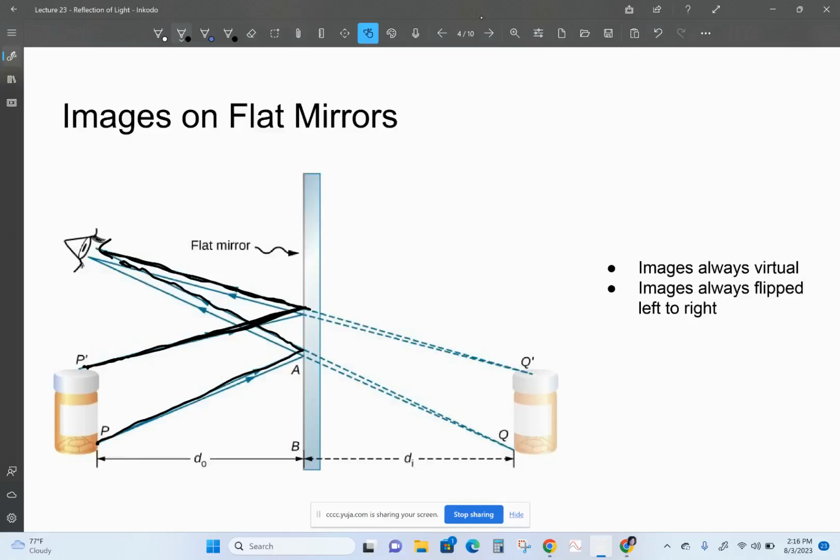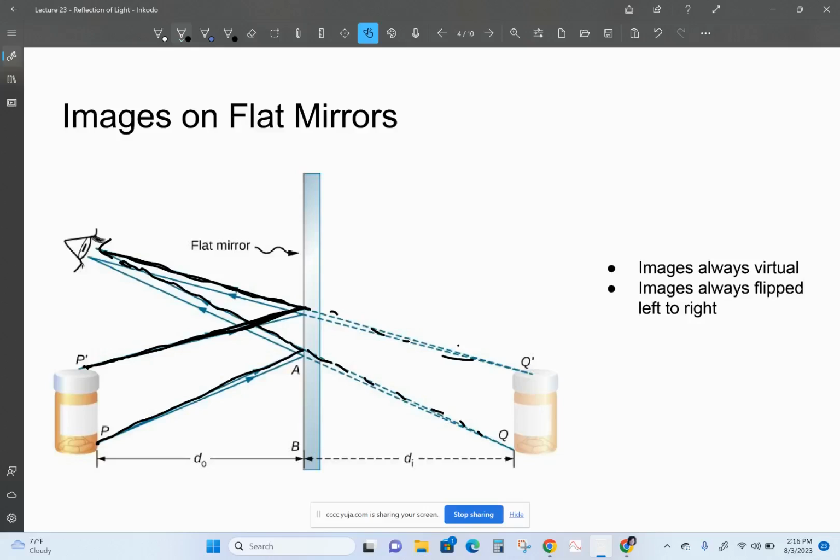But the rays actually forming the image are projections of those rays behind the mirror. So the images are always going to be virtual, and they're always flipped left to right, because of the geometry of this.